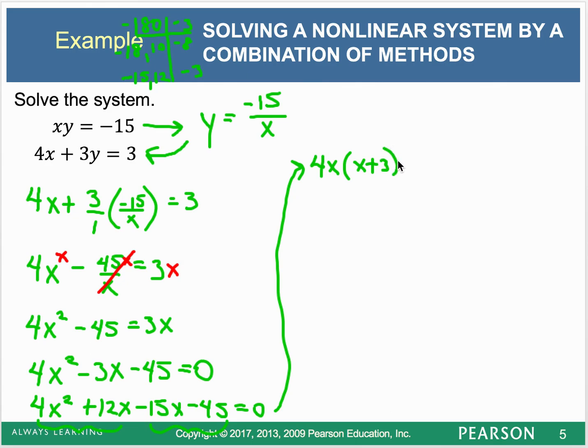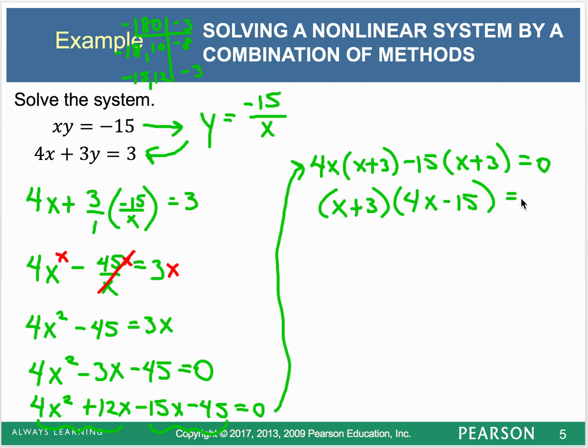And then I can factor a minus 15 out of the next two, and that's going to leave x plus 3. Now we can factor the x plus 3 out, and that leaves 4x minus 15. Okay, so x is negative 3, or x is 15/4.